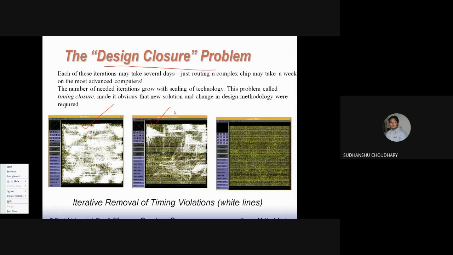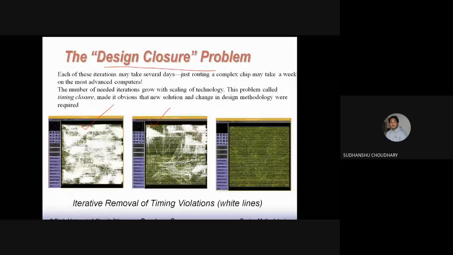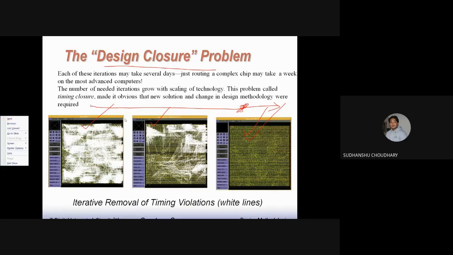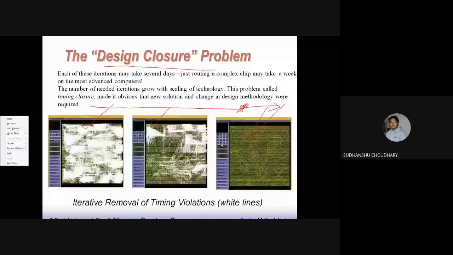So in the second iteration, maybe the timing violation is somewhat reduced, and maybe in the third iteration, or I don't know which iteration it is, maybe third or fourth or fifth, I see that there are no timing violations now. So this process, starting from here where we had so many timing violations and arriving at this point where we have no timing violation, may take weeks, or maybe even months.